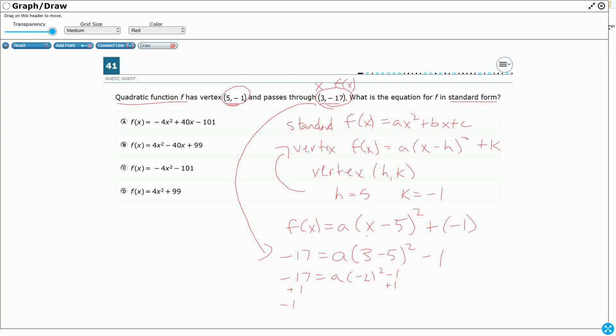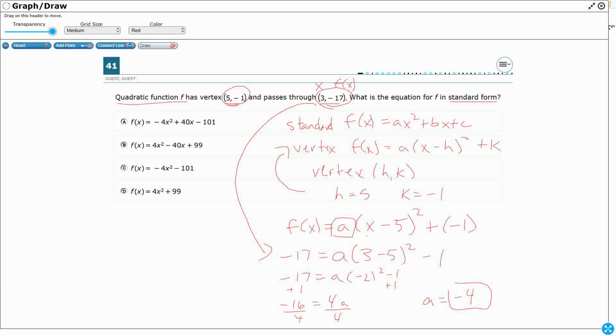So I'm going to get -16 equals, and then what is -2 squared? Well, -2 times -2 is +4, so it's going to be 4a, and then divide by 4. All right, so a equals -4. Okay, so what I was missing right here is now -4.